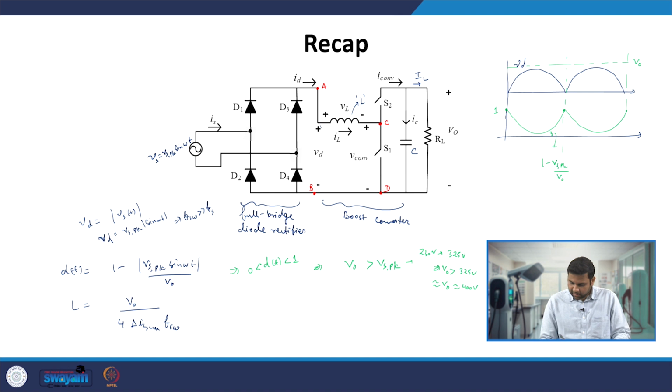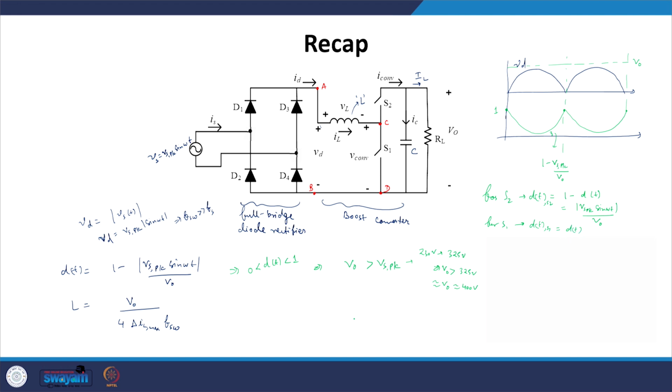So for the S2 switch, the duty is 1 minus d of t, which is 1 minus modulus Vs peak sine omega t by V0, while for S1 the duty ratio remains d of t. These are the things we have understood up till now related to the duty ratio.